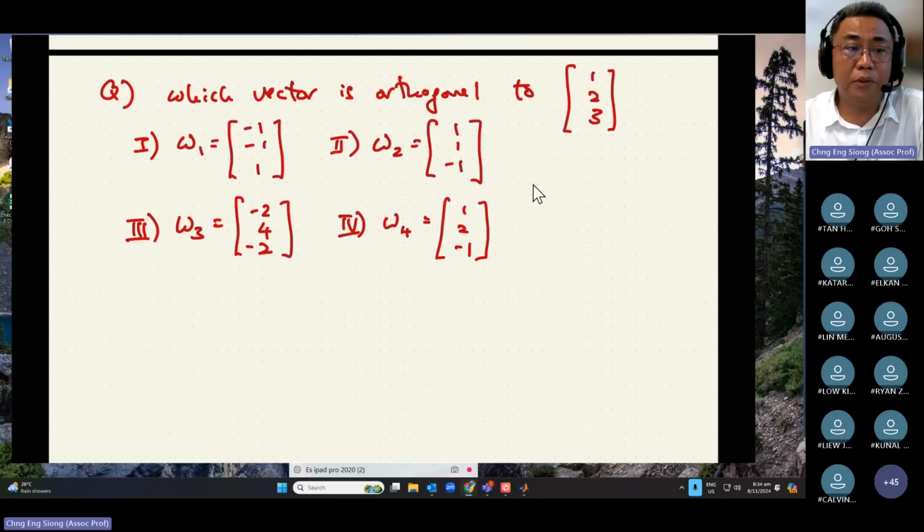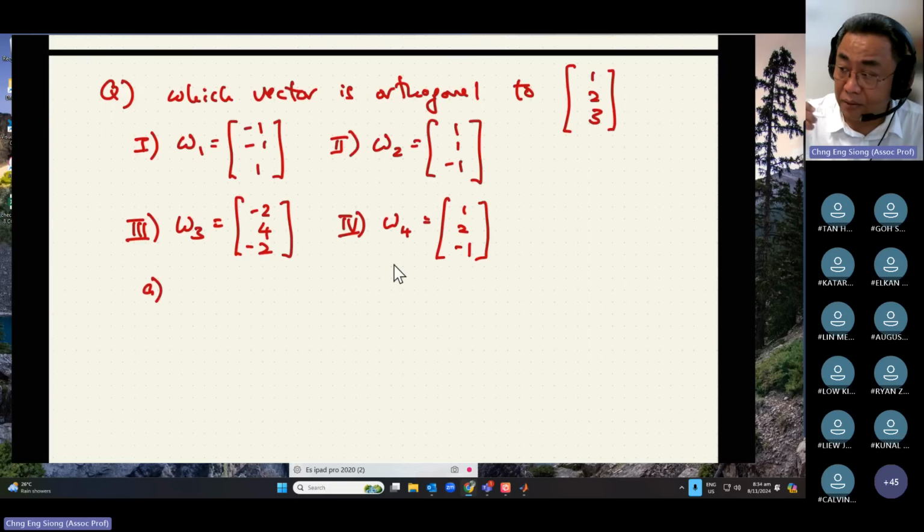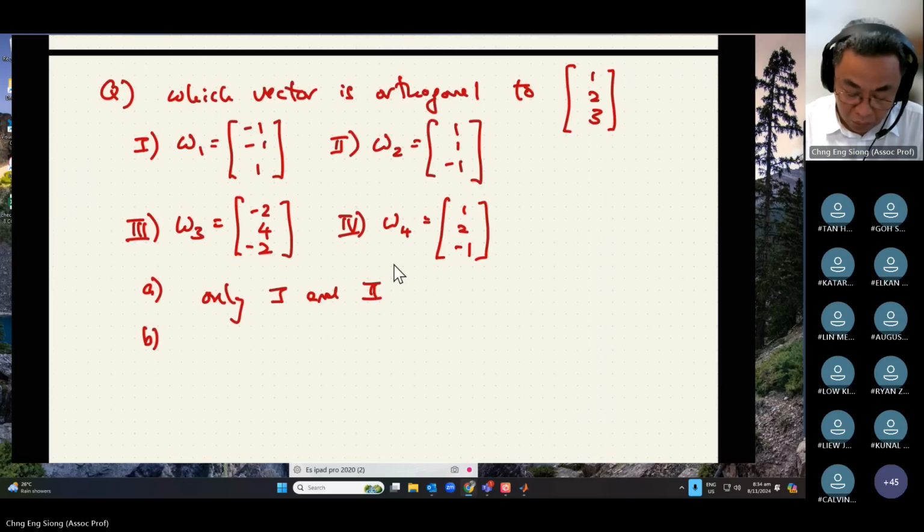And to answer this question, of course, for each vector, you have to calculate the inner product, and then the answer key that will be asked of you will be things like only 1 and 2, for example. Only 2 and 3.